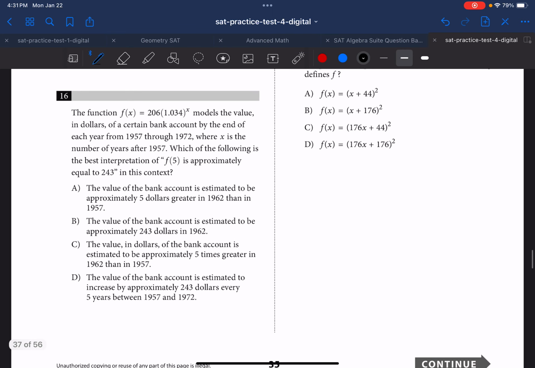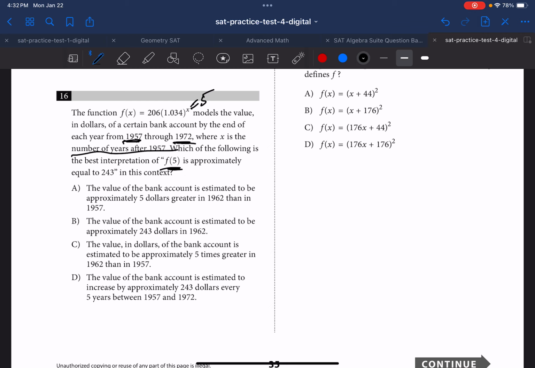Question 16. The function f(x) equals 206 times 1.034 to the power of x. The starting year is 1957 and it's going till 1972. x is the number of years after 1957. What is the interpretation of f(5)? So this 5 represents the x value.